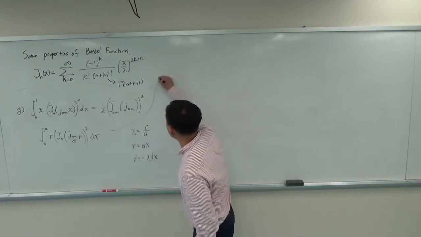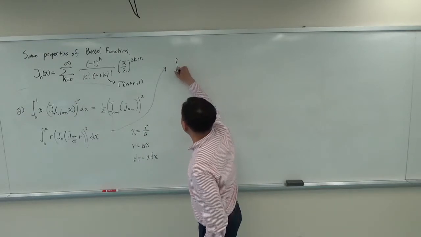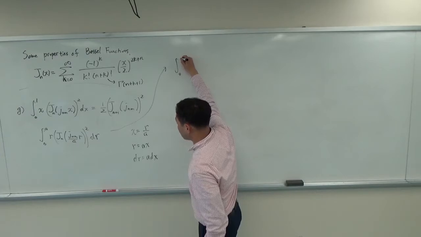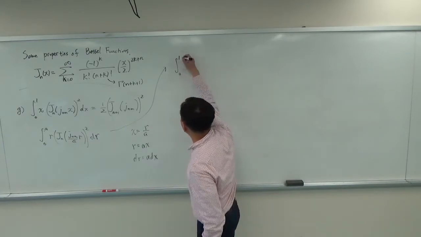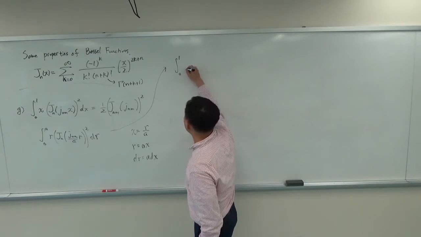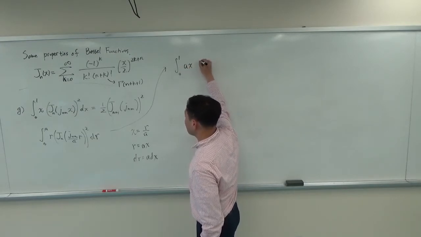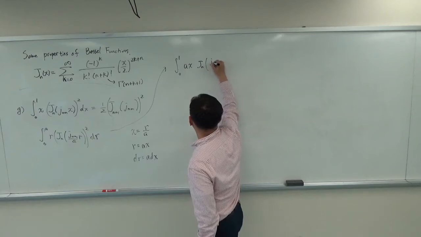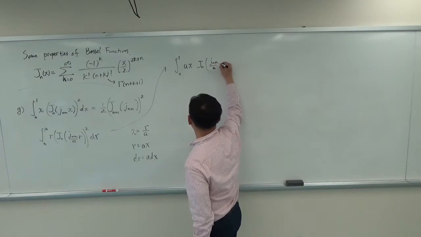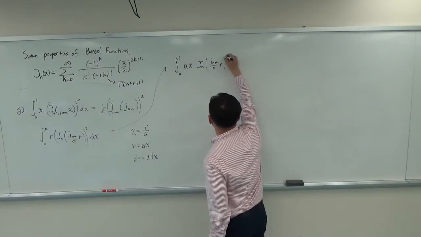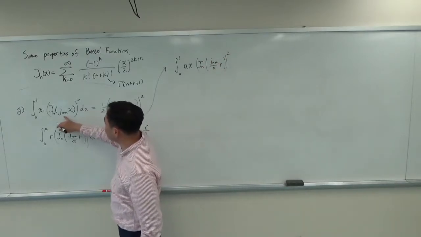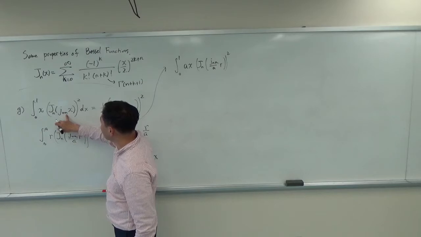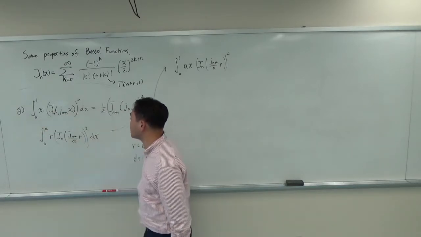So this integral now becomes 0 to a. When r is a, x will be 1, right? So x will be 1. r is ax, J_n(j_nm over a r), and then squared. Oh, by the way, j_nm is the mth positive zero of this function.